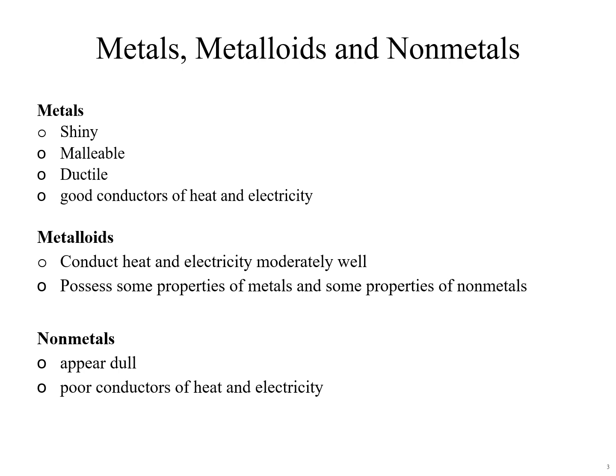So we can classify the elements into these 3 main categories, and that will be based on their physical and chemical properties. So we have elements that can be classified as metals, and they share these properties that I have listed here.